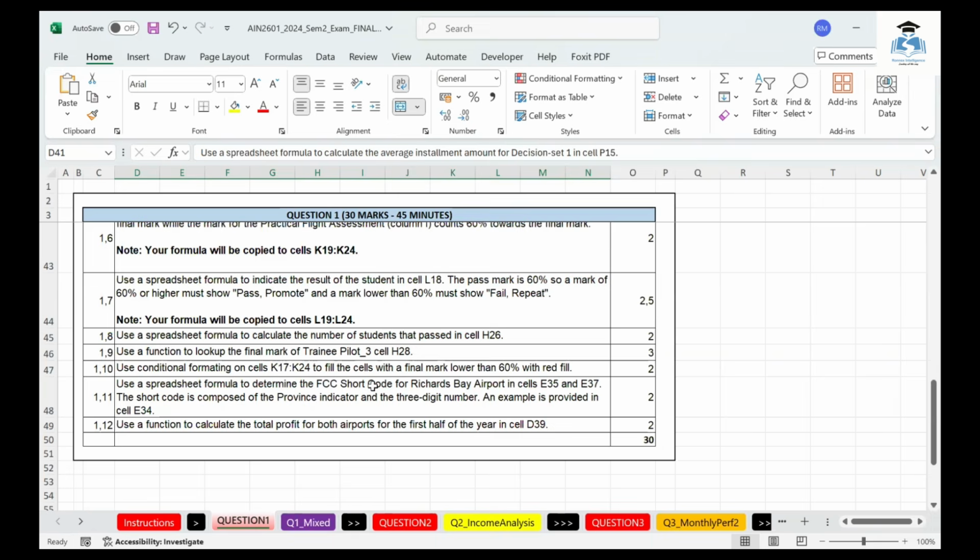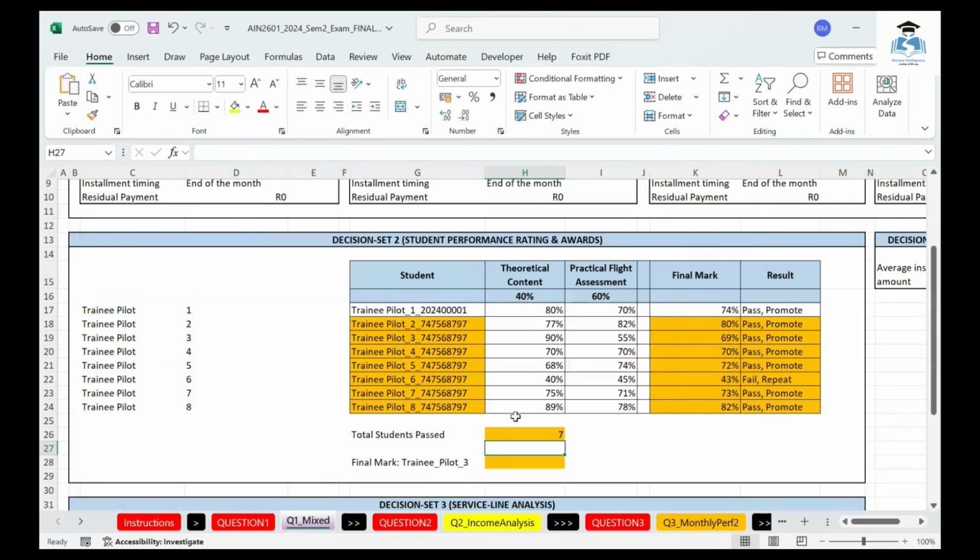My sister who was looking for a VLOOKUP, now this is your chance. So what do we do? VLOOKUP.